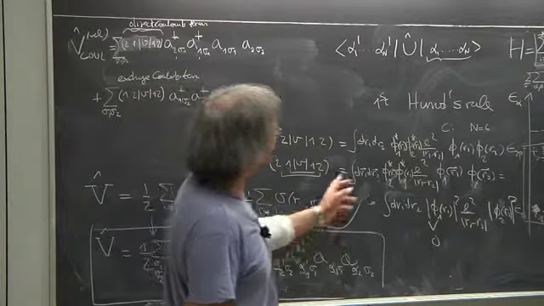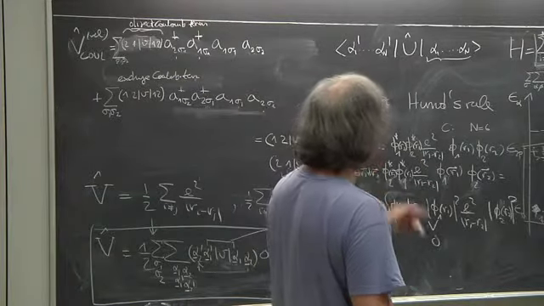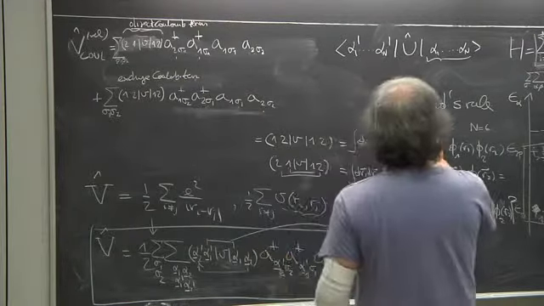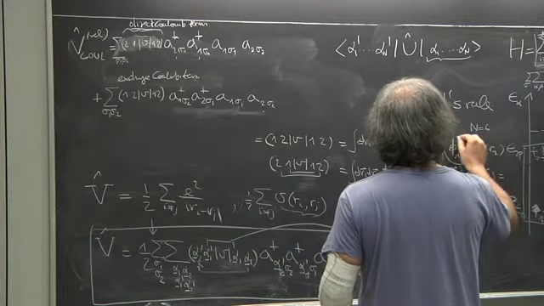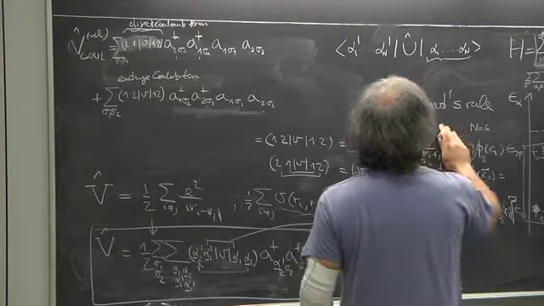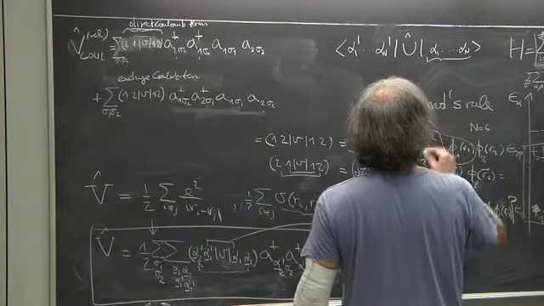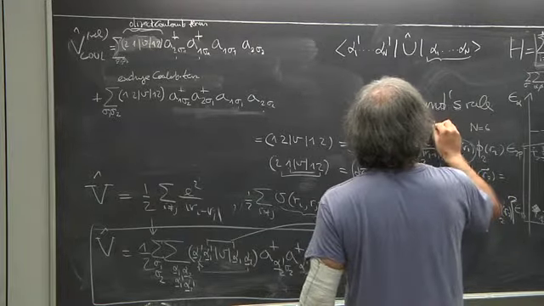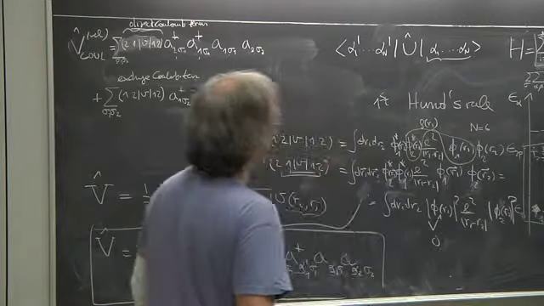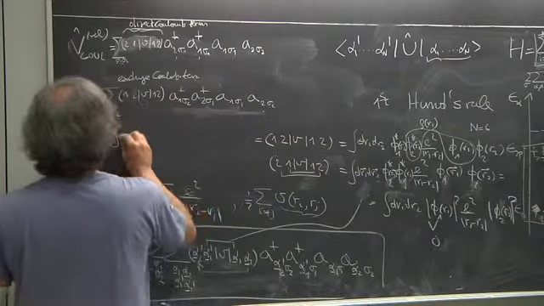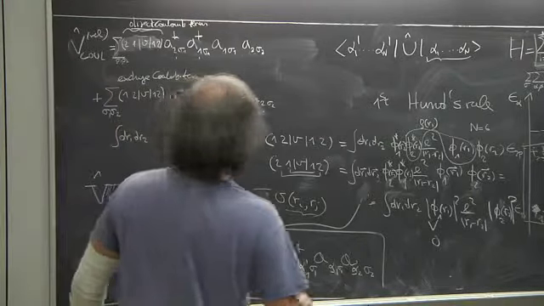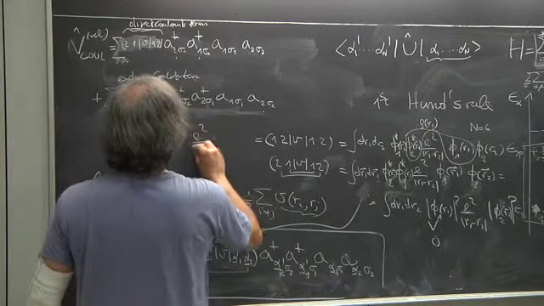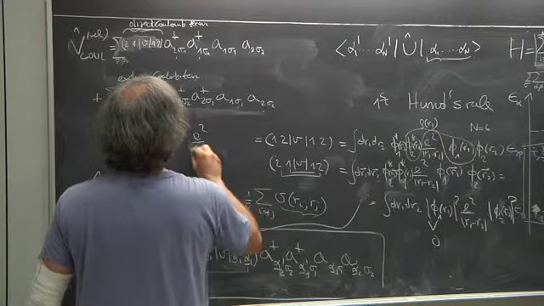Now, the object that you have there, you can write in the following way. Call this object rho of R1. Okay? So let me write it. Integral in dR1, dR2. You see I have E squared over R1 minus R2.